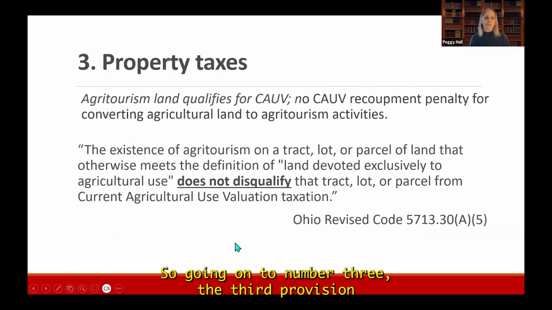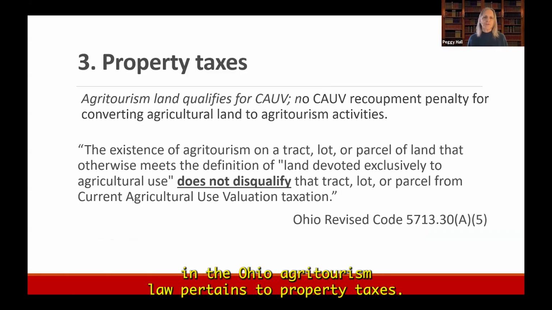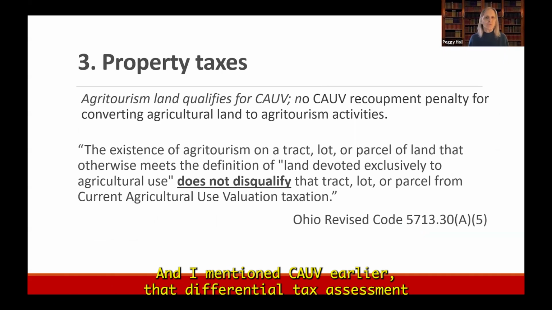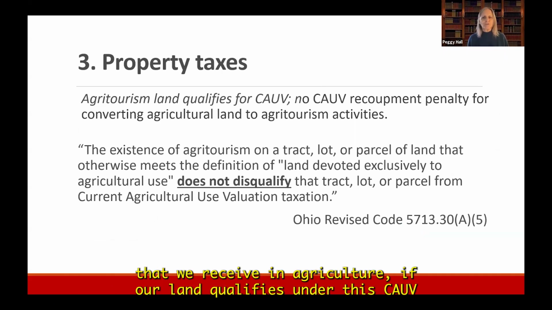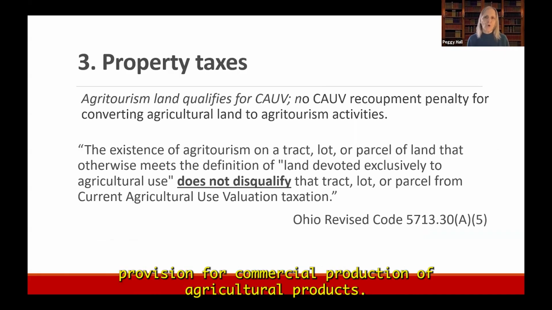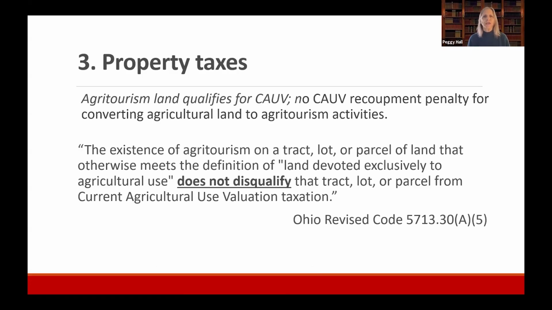Okay, so going on to number 3, the third provision in the Ohio agritourism law pertains to property taxes. I mentioned CAUV earlier, that differential tax assessment that we receive in agriculture if our land qualifies under the CAUV provision for commercial production of agricultural products.